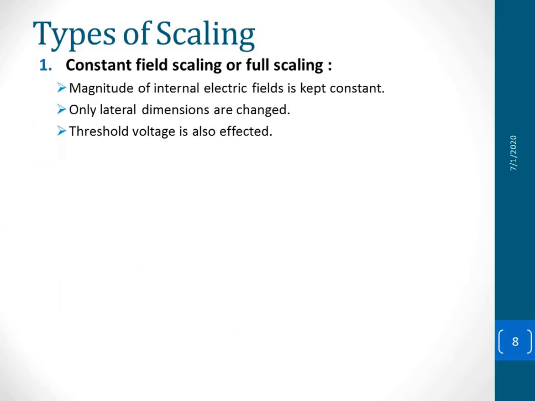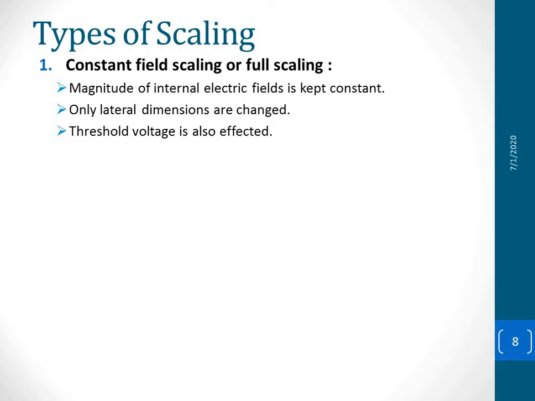First is constant field scaling, or full scaling. The magnitude of internal electric fields is kept constant. We have internal quantities like the charge density at the channel, the current IDS, and the voltages.